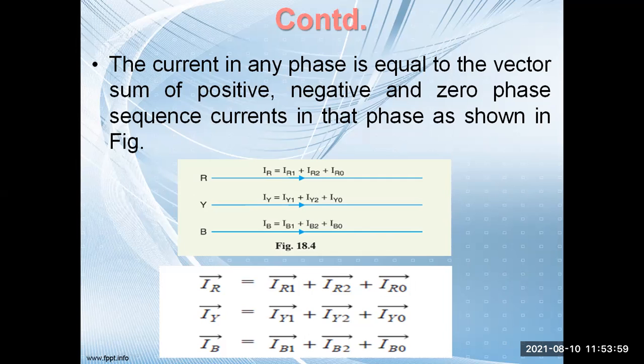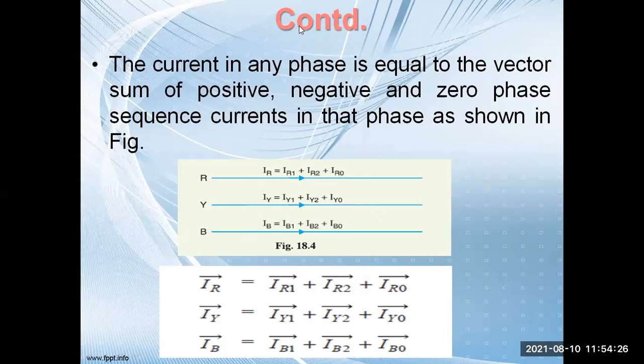Whatever equations you write for the currents, the same equations are valid for the voltage, so there will not be any separate discussion for the voltage. Here you can see IR equals IR1 plus IR2 plus IR0, IY equals IY1 plus IY2 plus IY0, and IB equals IB1 plus IB2 plus IB0. That is the representation.